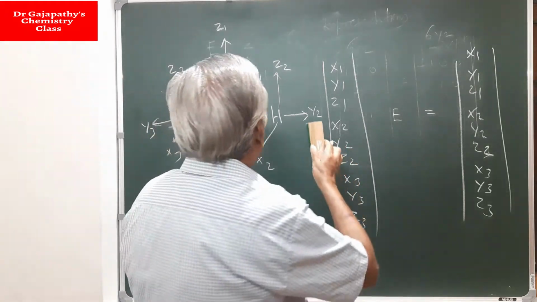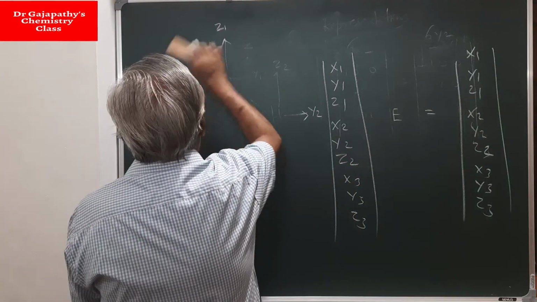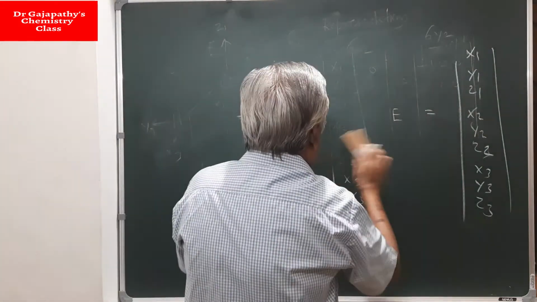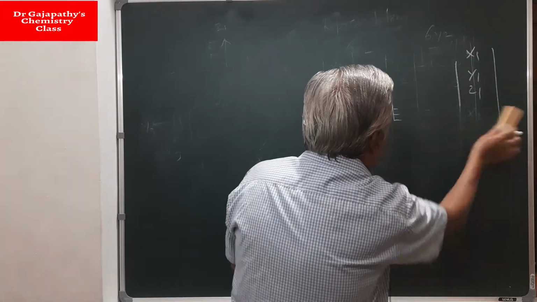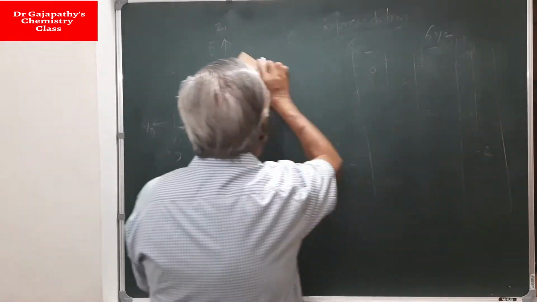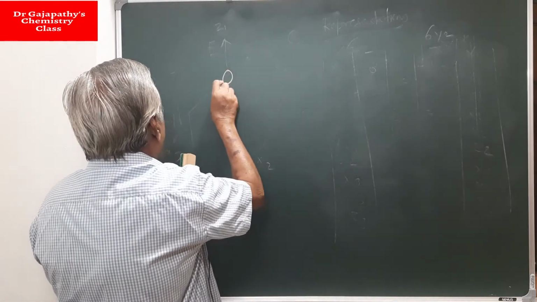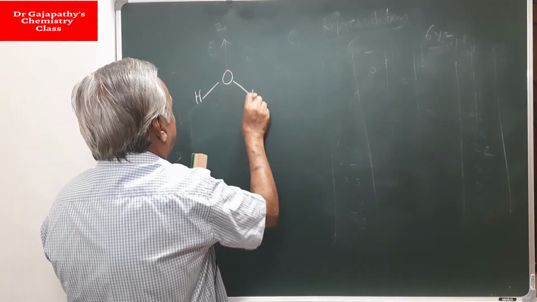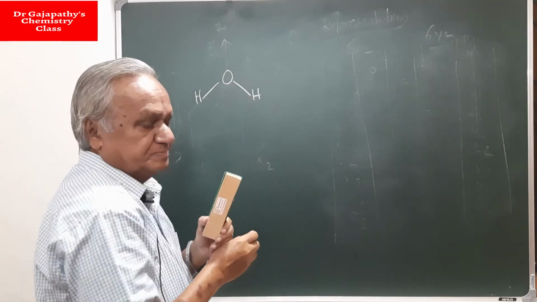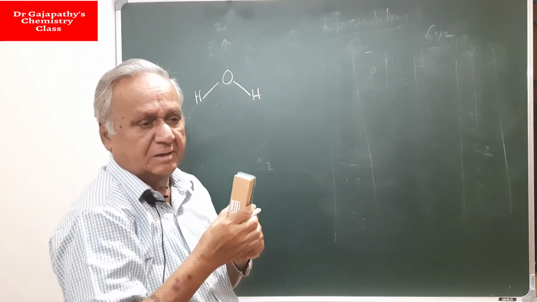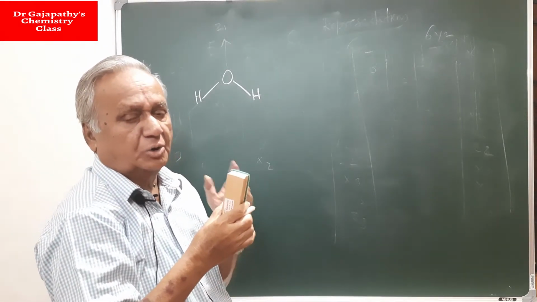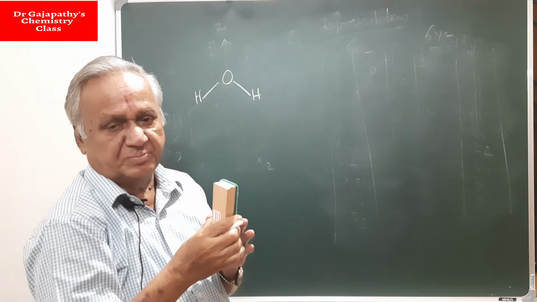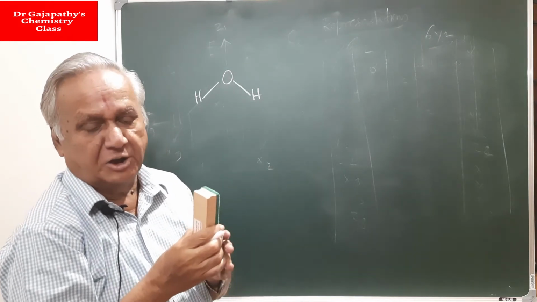For example, if I talk about the water molecule, the total number of operations is called the order, denoted by h.